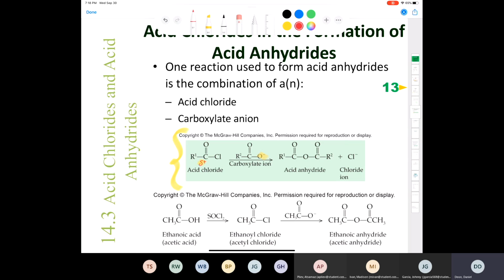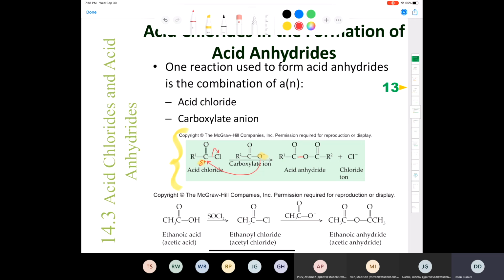And so I like to say, well, I'm going to connect between the negative and the positive. Now remember, carbon can't have 5 bonds. And this arrow that I've drawn here represents the formation of a new bond. So that means that I'm going to have to lose the chlorine. So I'll draw an arrow like that. And that helps me remember that my red arrow formed that bond. Okay, and now I end up with a chloride ion.